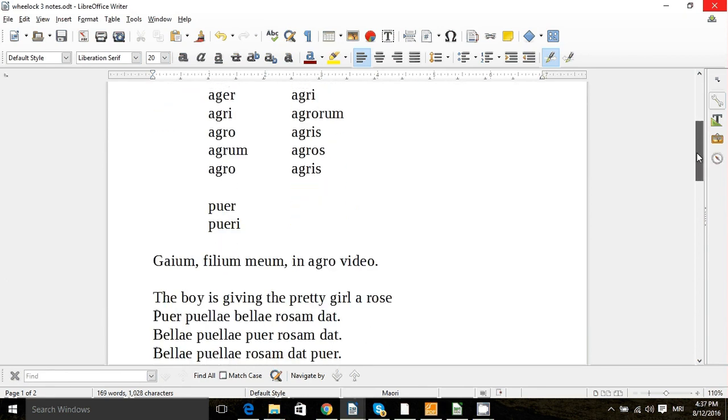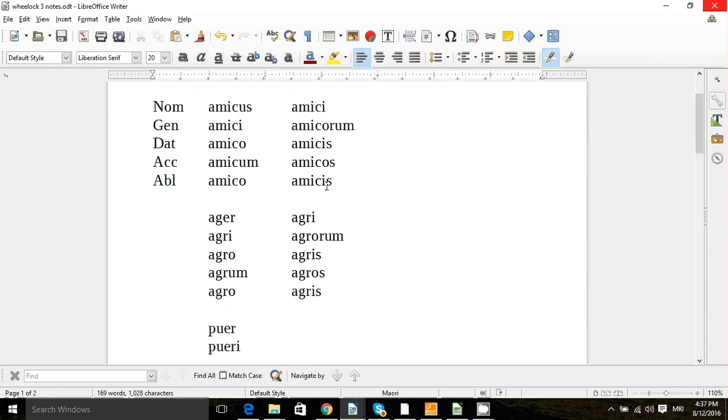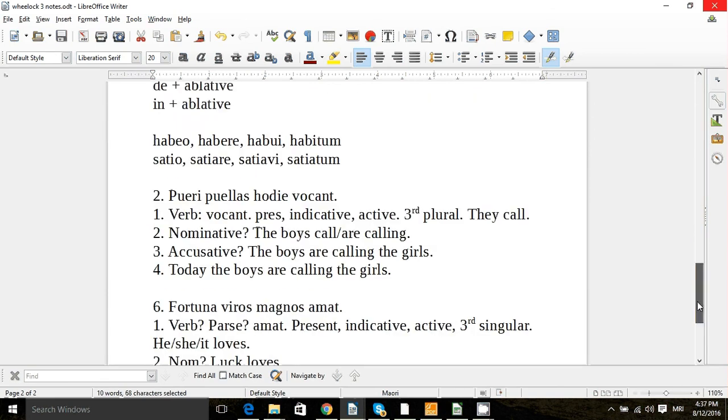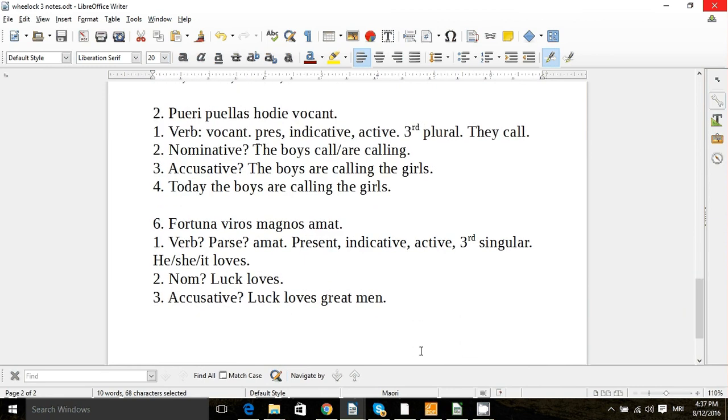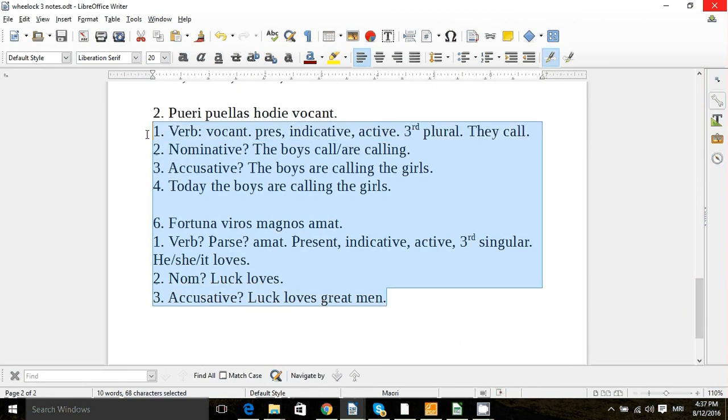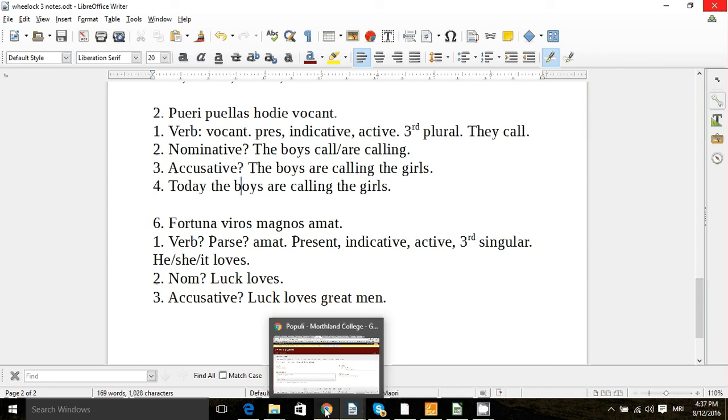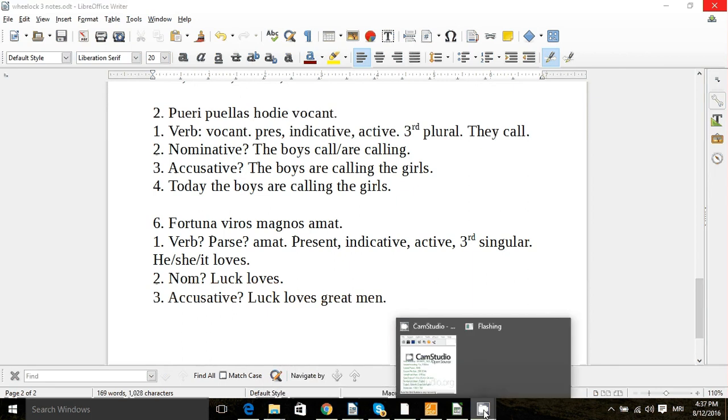On the quiz, there will be these forms of amicus and augur, and augur, of course, has pretty much the same forms as puer. And some question about one of these two sentences that we did will also be on the quiz. So study those things, and you'll be ready for the quiz on Friday. And have an excellent week.